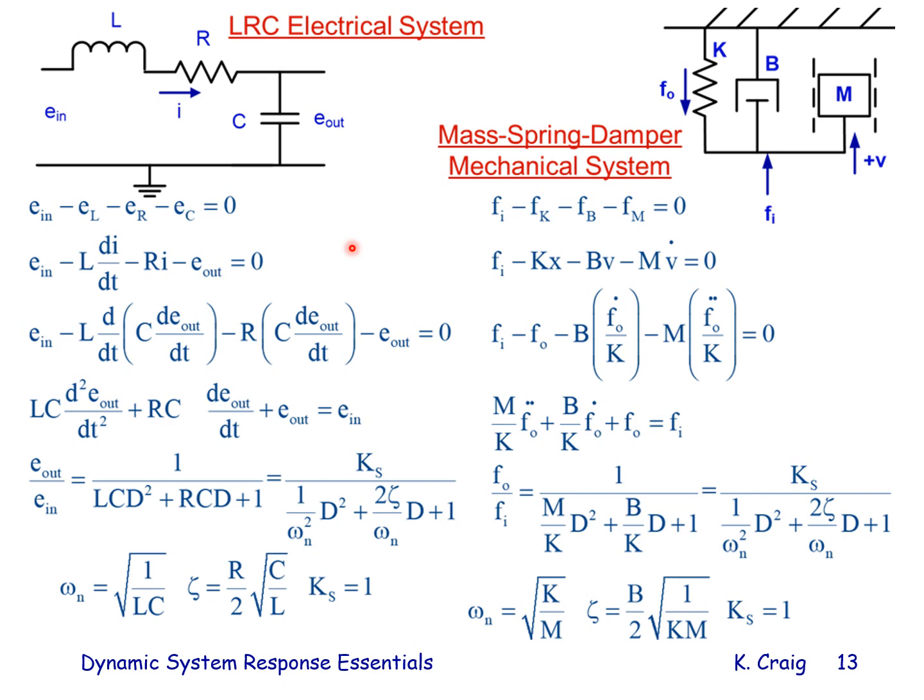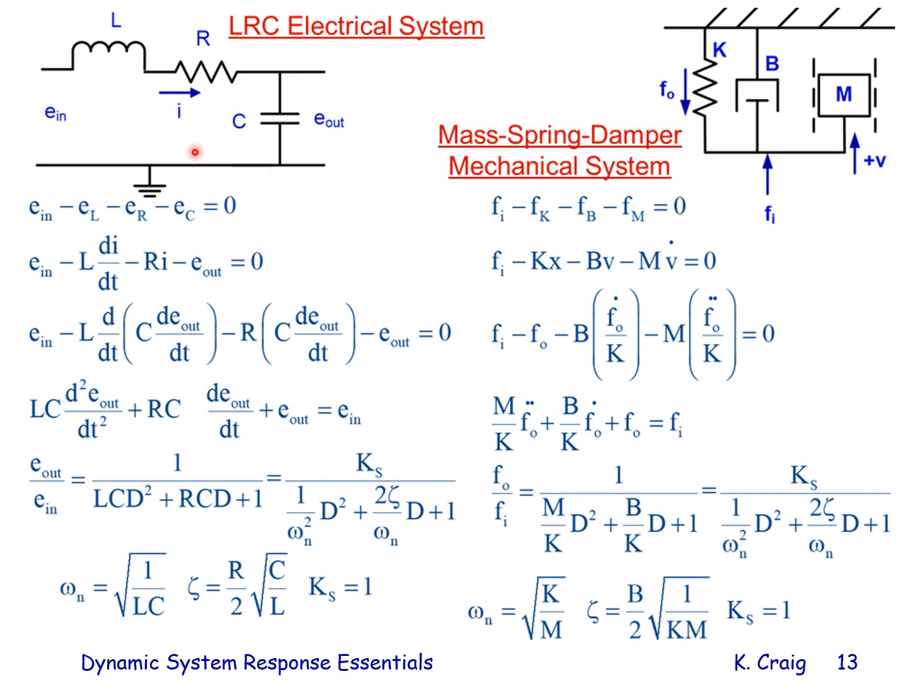Here we have two second order dynamic systems, an LRC electrical system and a mass spring damper mechanical system. Again, we assume no current is leaving this LRC system. I out is 0, there's no loading. So all elements have the same current flowing through them, they're in series.